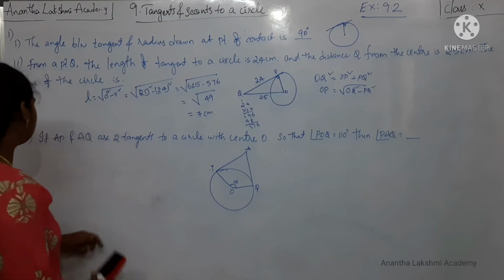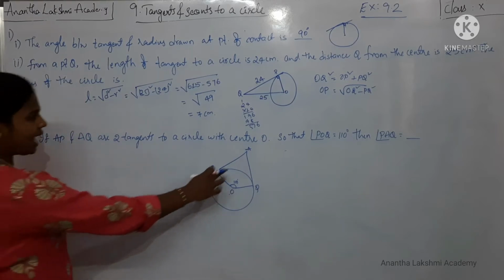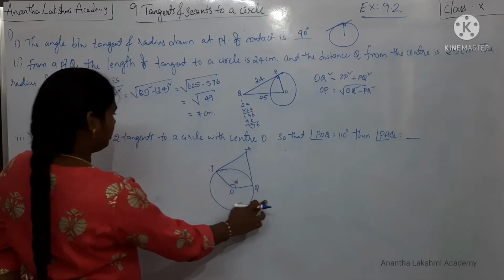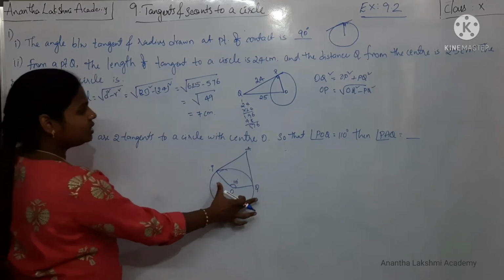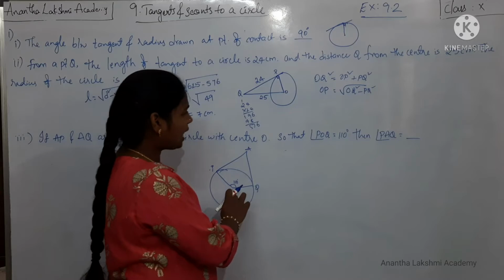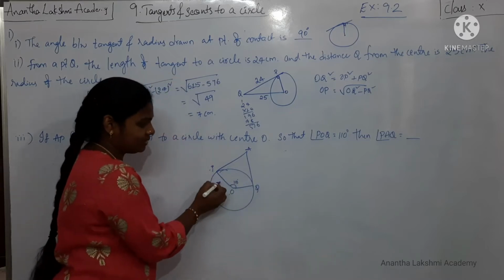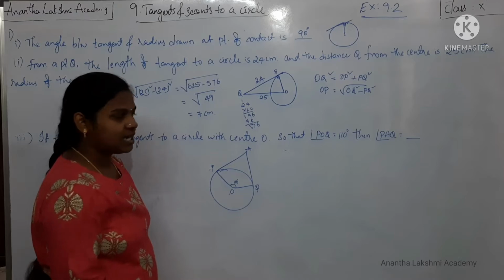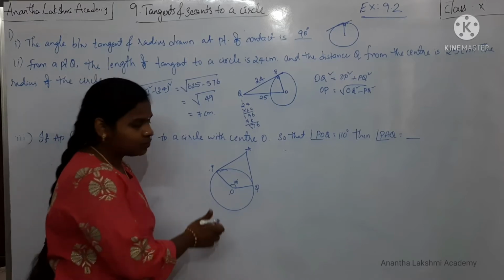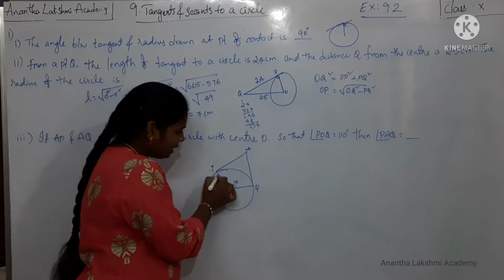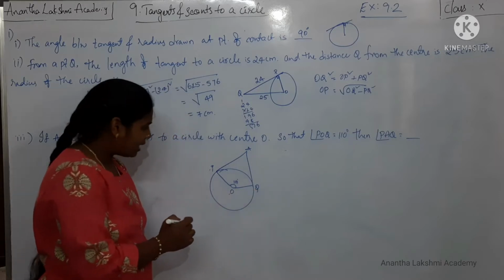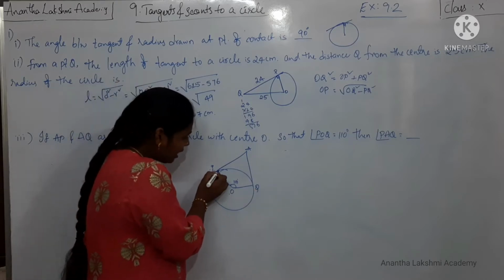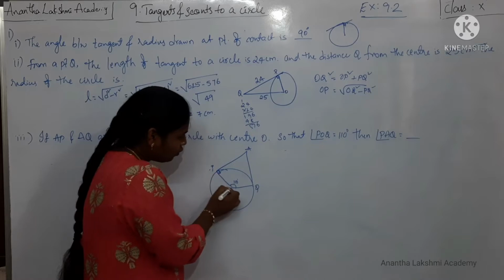Okay, now let us look at the third one. If AP and AQ are 2 tangents to a circle with center O, so that angle POQ is given for us, that is 110 degrees, then angle PAQ is equal to dash. So if you look at this diagram, angle POQ is 110 degrees, but what is angle OP?